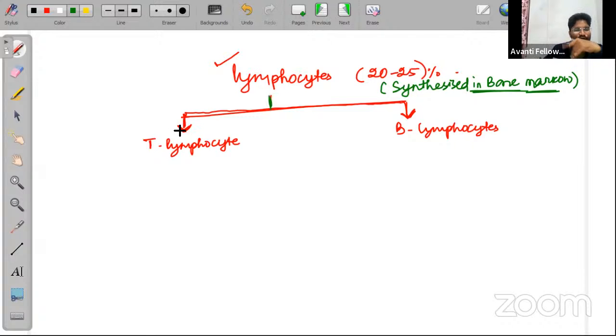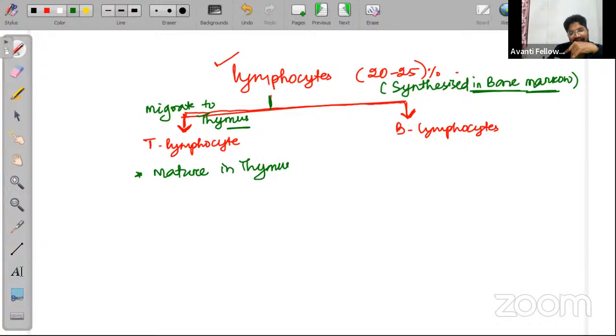Some of the lymphocytes migrate to the thymus. They migrate to the thymus and they get mature in the thymus.